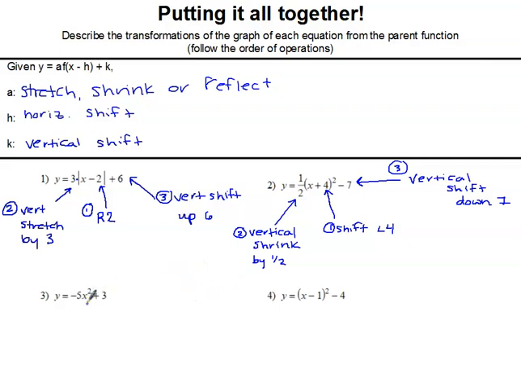Number 3, notice there's nothing in parentheses, no grouping symbols to work inside of. So I just go straight to this one here. Doesn't matter what order we go in, but we need to do a reflection because it's negative. And we need to multiply by 5, which would be a vertical stretch.